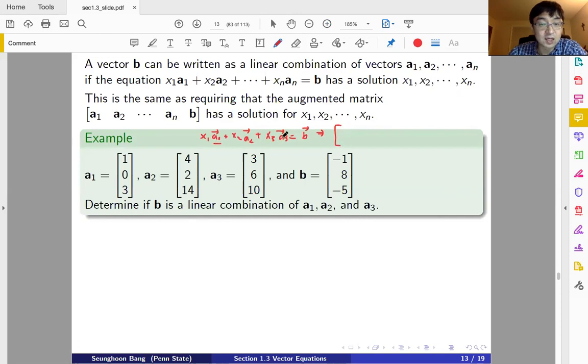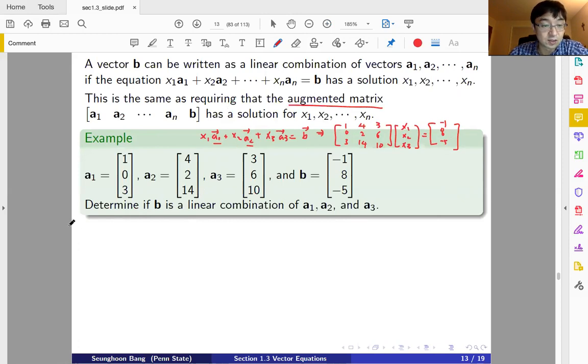A1 is 1, 0, 3. A2 is 4, 2, 14. A3 is 3, 6, 10, times vector x1, x2, x3 equals vector b, which is -1, 8, -5. So you can use an augmented matrix.